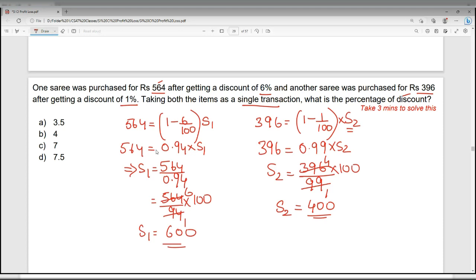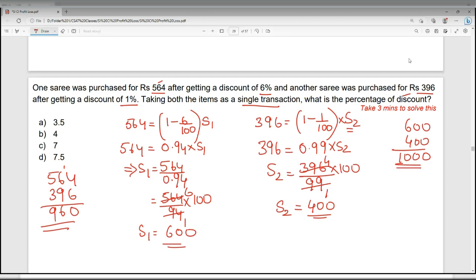So the total marked up price was 600 plus 400, that is equal to 1000. And he bought it at 564 and 396, this was 960. He bought it at 960, but the listing price was 1000.